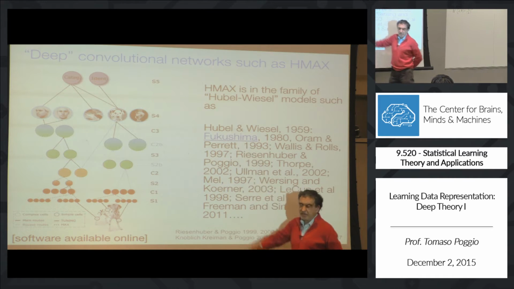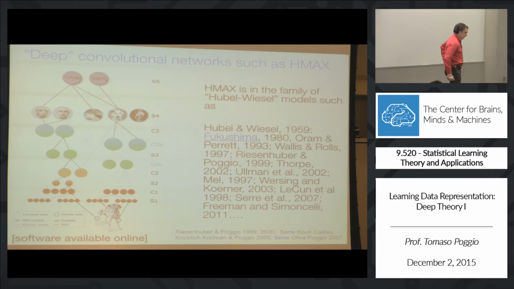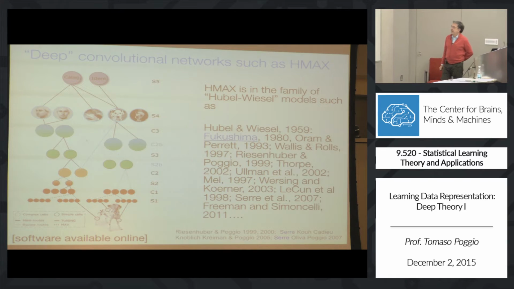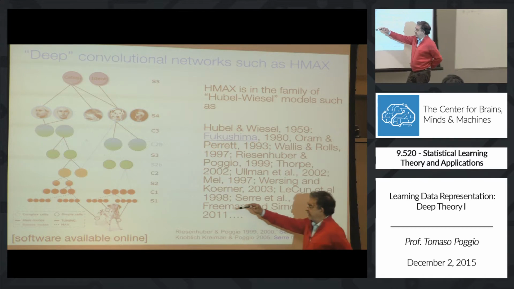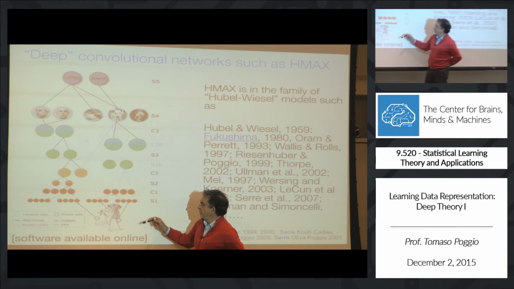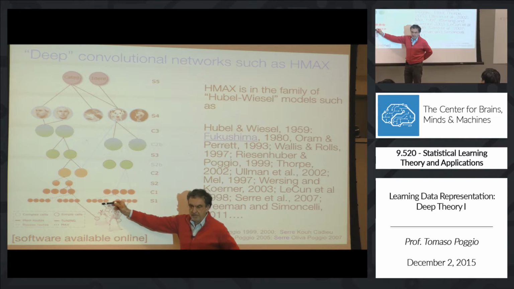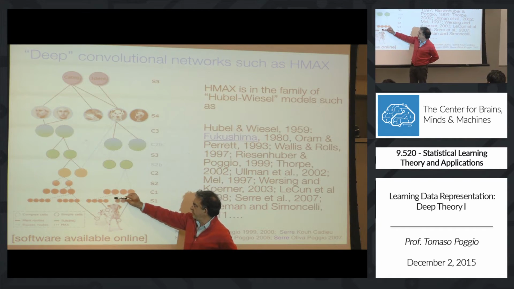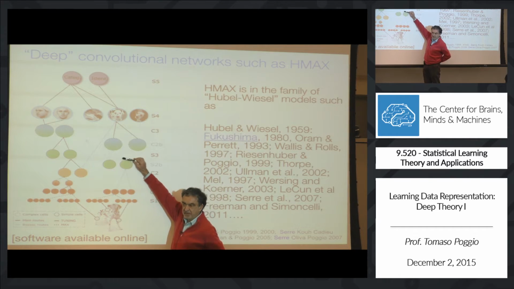And the first real quantitative model was by Fukushima, who was working at NTT Labs in Japan, the equivalent of Bell Labs, and several other models, more or less quantitative, of this idea that you have a set of layers in which you do first filtering operations, and then pooling for invariance, and then filtering and pooling and filtering and pooling.